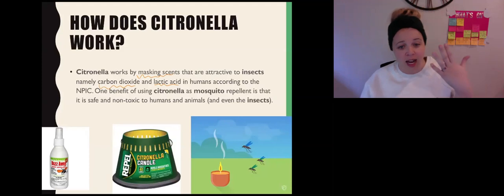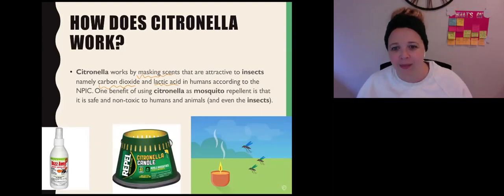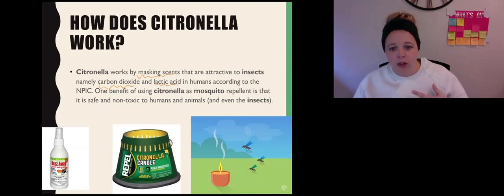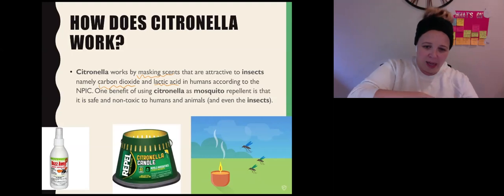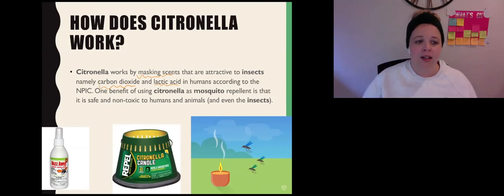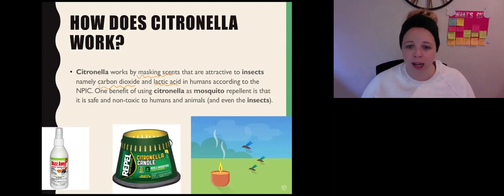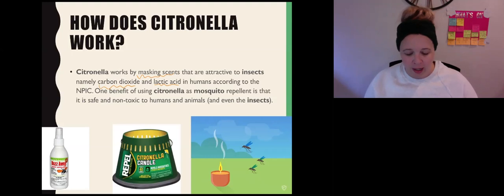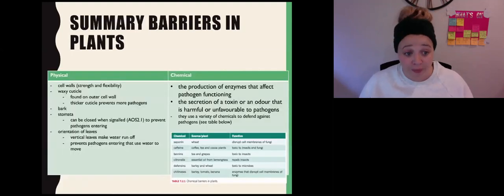We also have lactic acid on our skin, and they're like, yum, yum. Particularly the mozzies, they're like, I really like that. So what we do is we burn a citronella candle nearby, and it masks the effect of that, and it deters the insects from coming near us. So this is a really good non-toxic way to repel insects without having to wear a lot of that DEET.